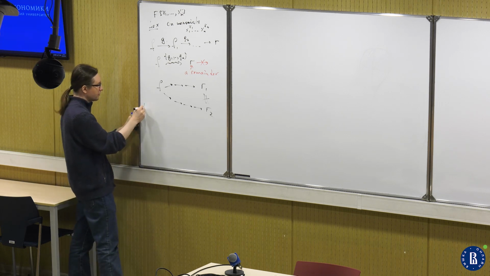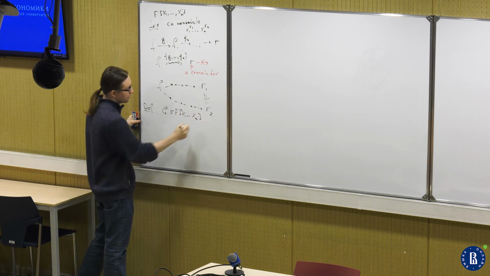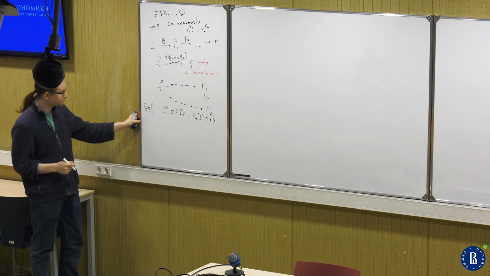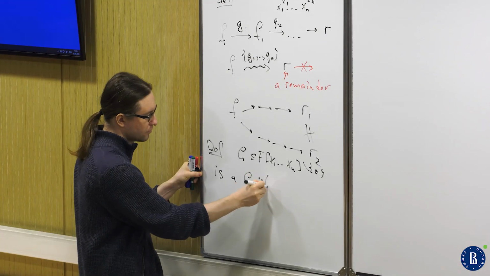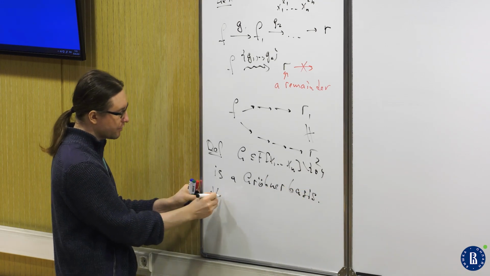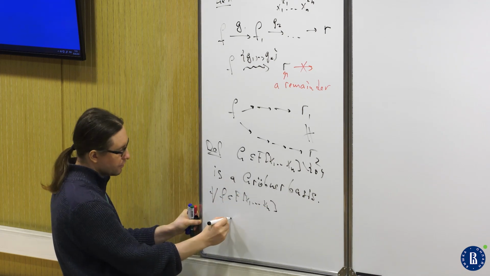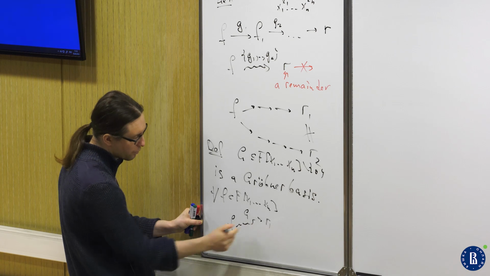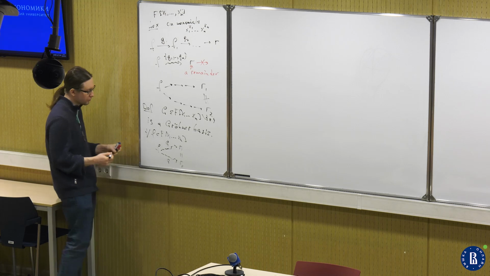Let me recall the definition: a subset G of the set of non-zero polynomials, I don't want to have a zero polynomial inside of G, is called a Gröbner basis if for every polynomial and every chain of reductions with respect to G to R1, where R1 is a remainder, and every chain of reductions to R2, these two remainders are always the same.